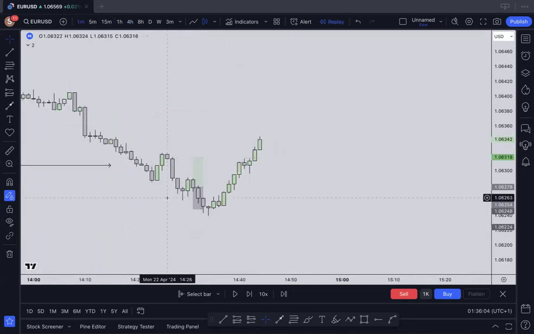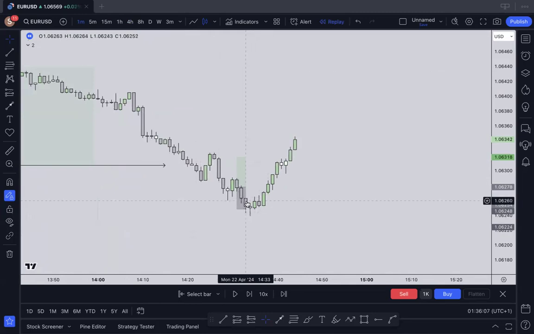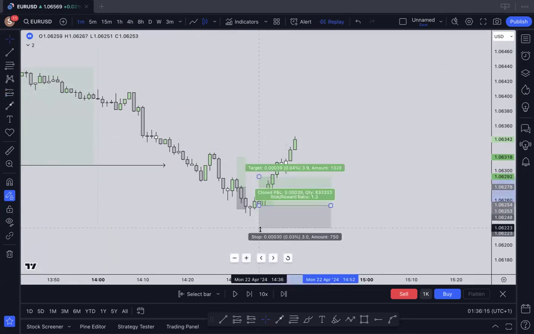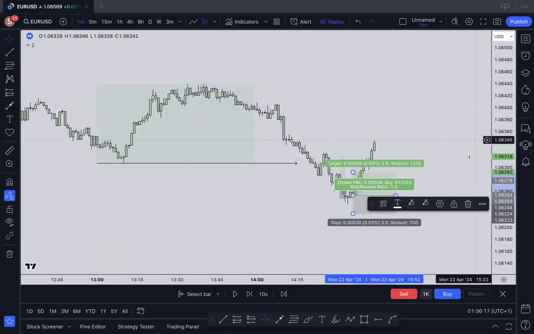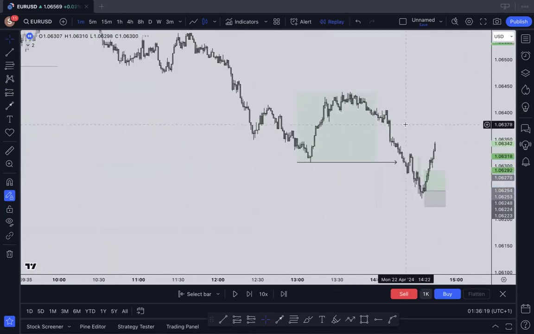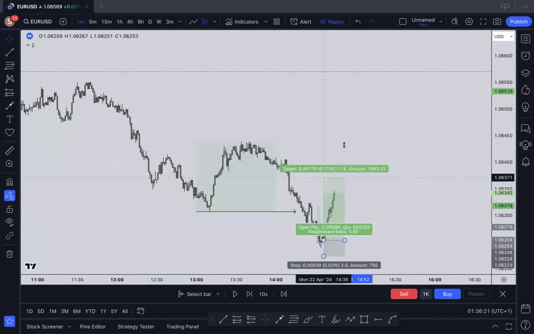And as you can see, the price does end up hitting that 9R, I believe that was, like so.